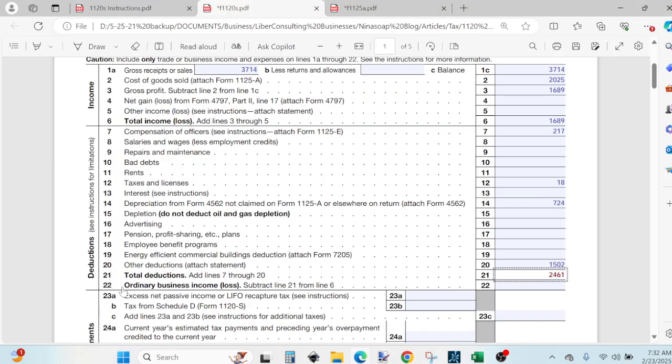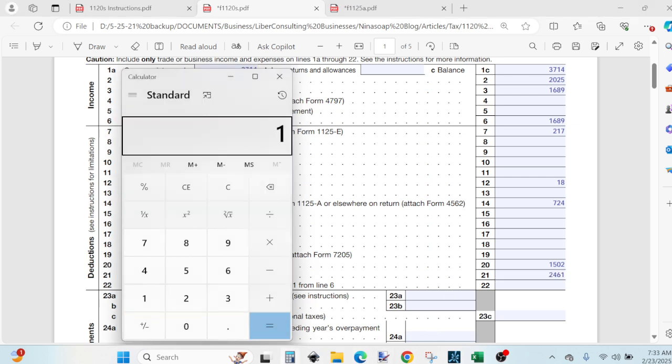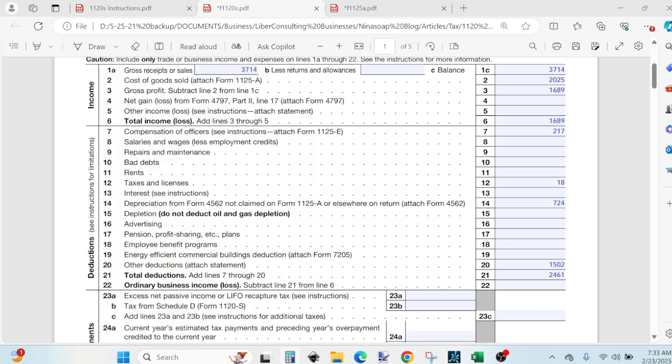So ordinary business income or loss is going to take line 6 minus line 21. So let's go back and do 1689 minus 2461. We have negative 772.